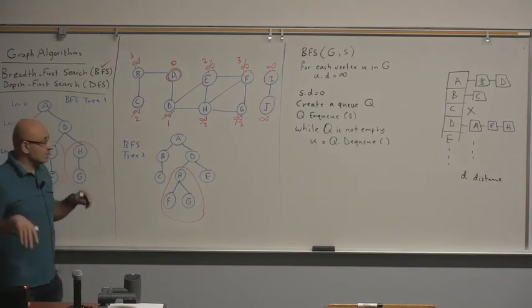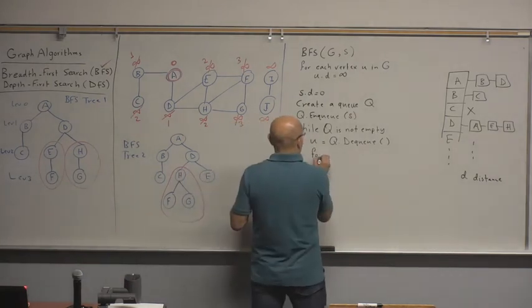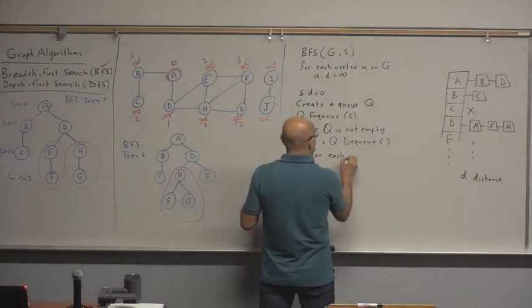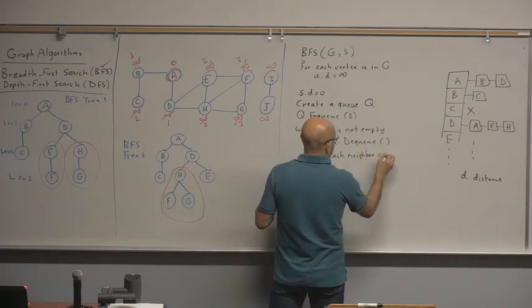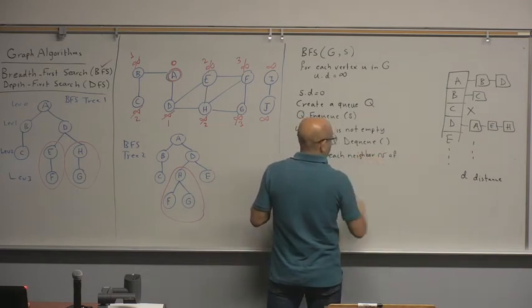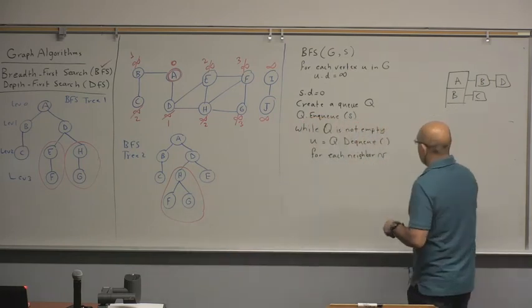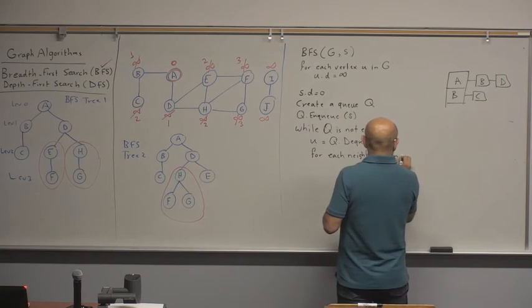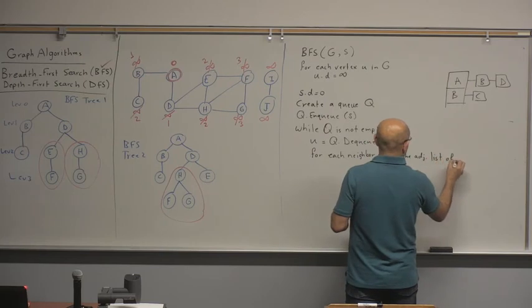We go through the neighbors. For each neighbor v in the adjacency list of u.